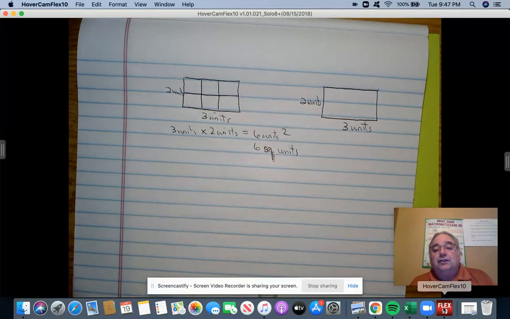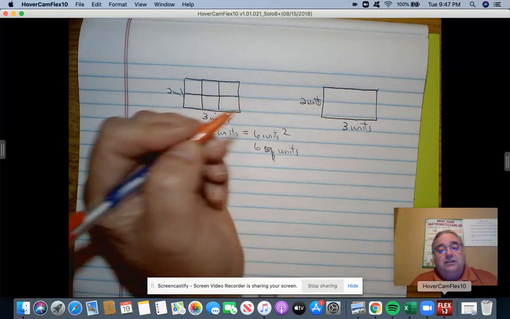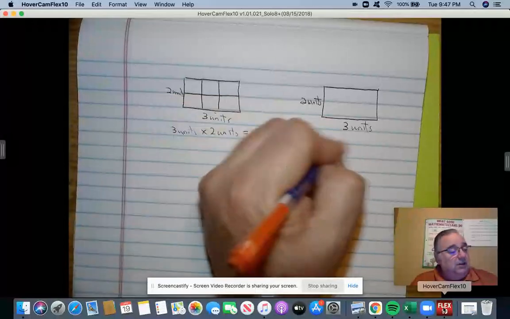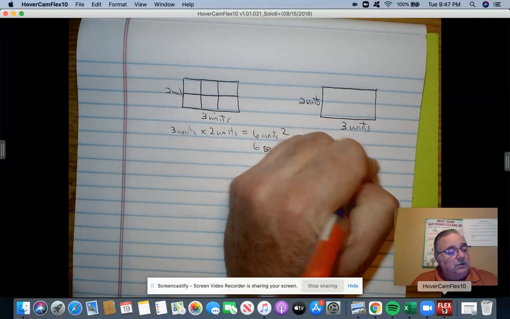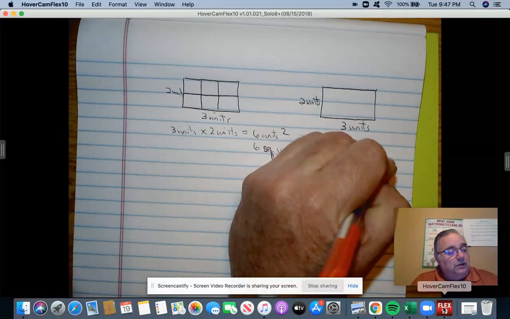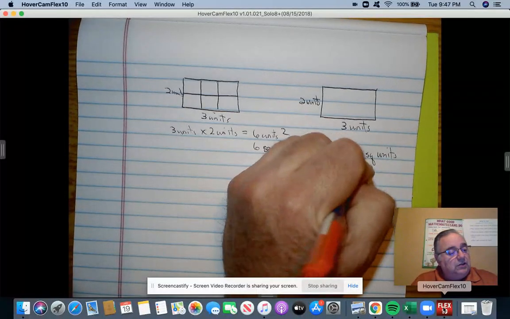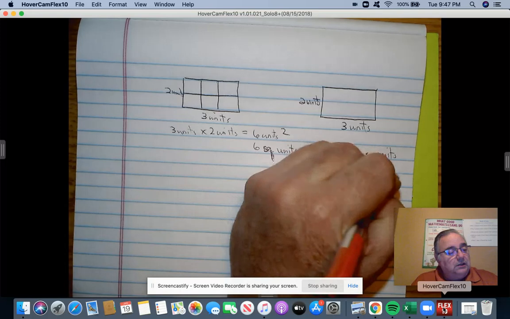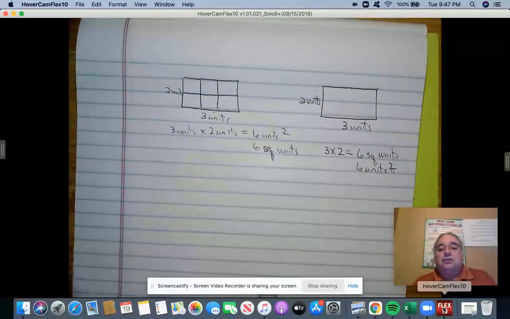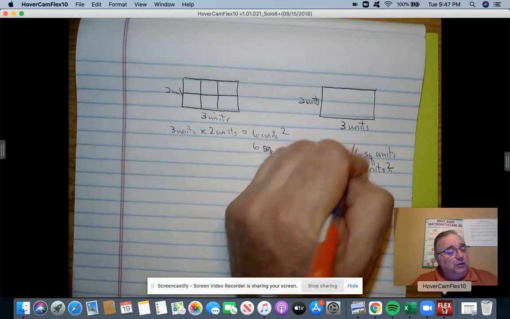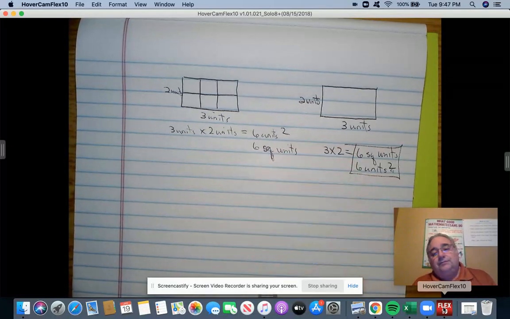And you have to figure it out. These are pretty easy. You can draw it in. You can do straight multiplication. Once again, 3 times 2 equals 6 square units, or 6 units squared. So make sure that you put the answer here.